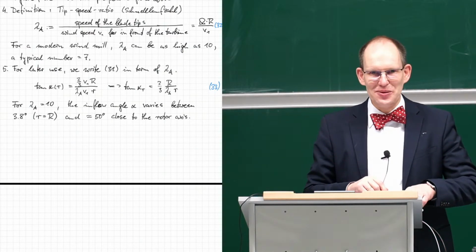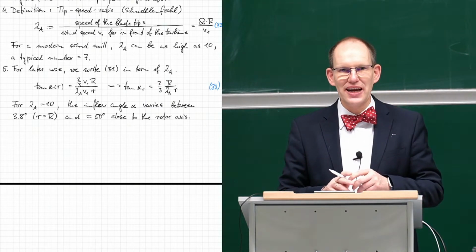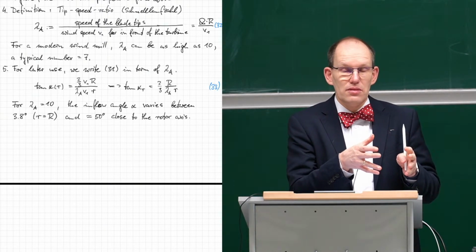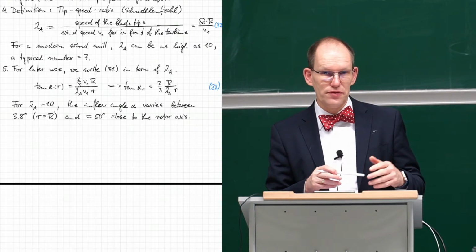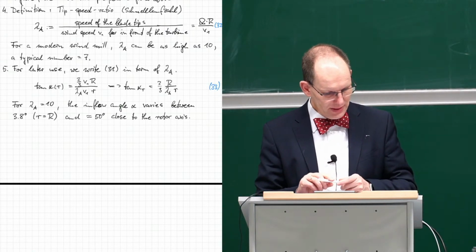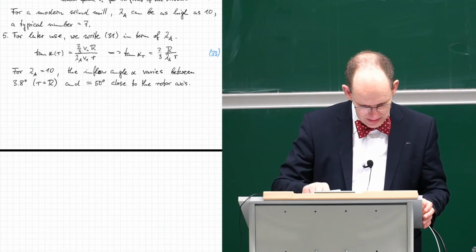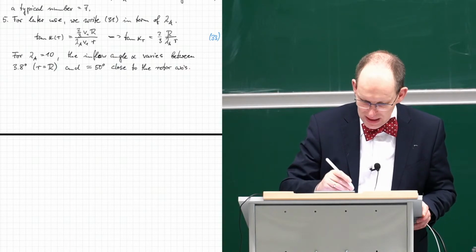So let's continue. Next point is that we want to calculate the forces, the infinitesimal forces at an infinitesimal piece of such a plate. But before we do that, a few general remarks.